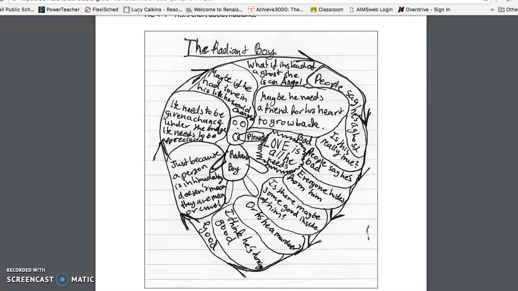So I was actually able to talk with the student and see what exactly was going on here and what this image really represented. He was really interested in exploring that the main character, this Radiant Boy, is a really complicated character. And so the arrows around on the outside of his diagram show that he thinks the Radiant Boy is turning good.